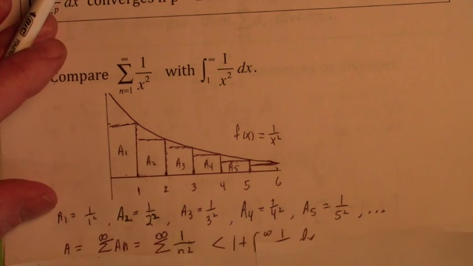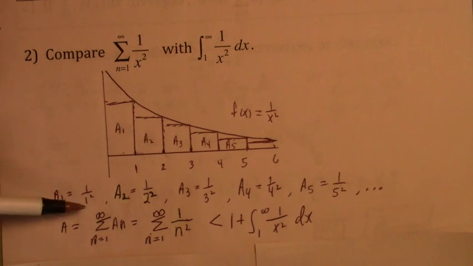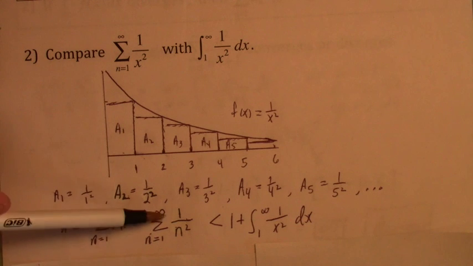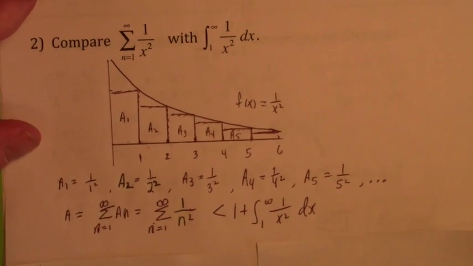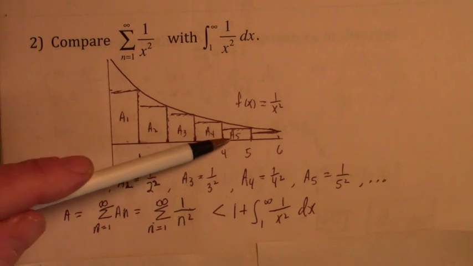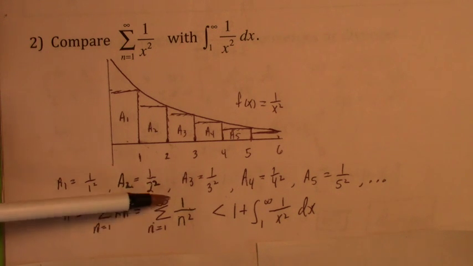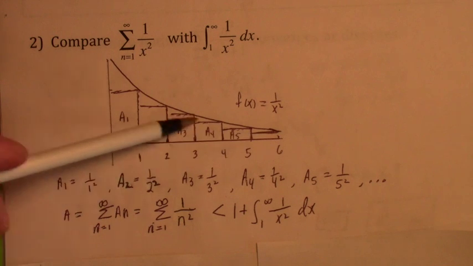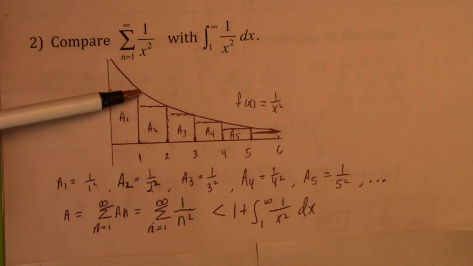And it turns out the sum of the areas of these rectangles, if you add them up forever, is an infinite series, 1 over n squared. So you could think of it like this. The sum of the areas of the rectangles is represented by this infinite series, n equals 1 to infinity of 1 over n squared. And then the area under the curve, since you're integrating from 1, you would start actually here.